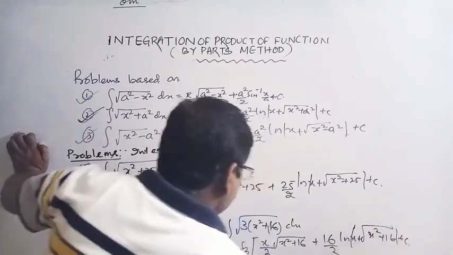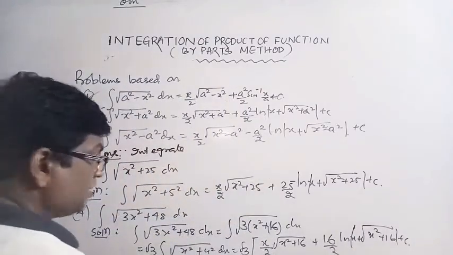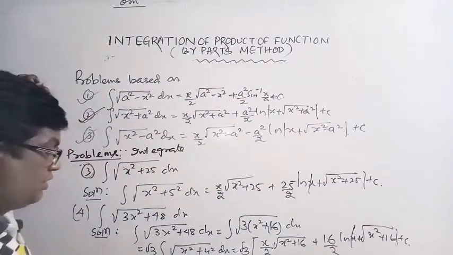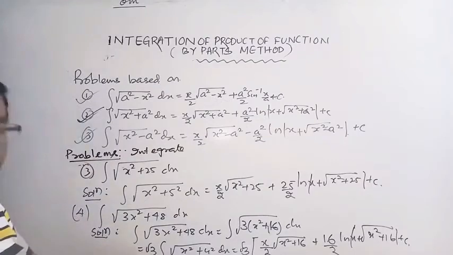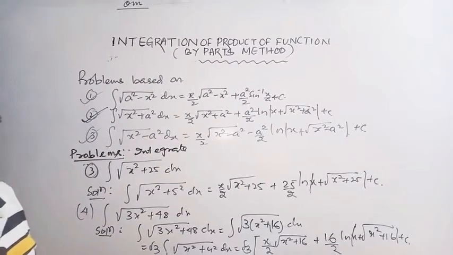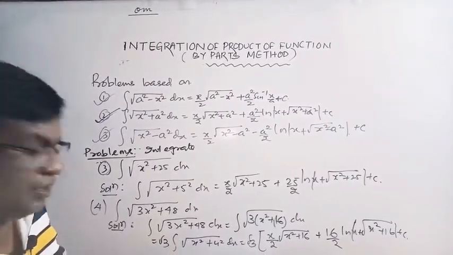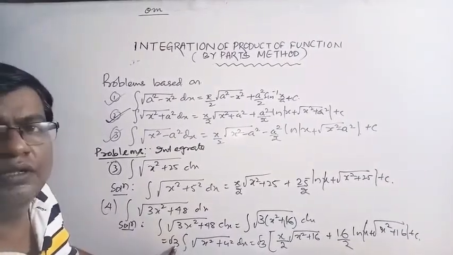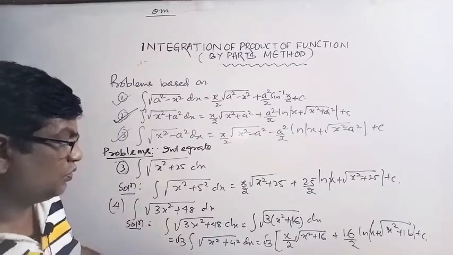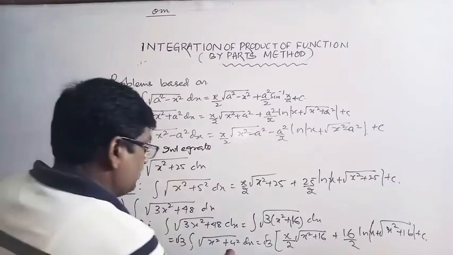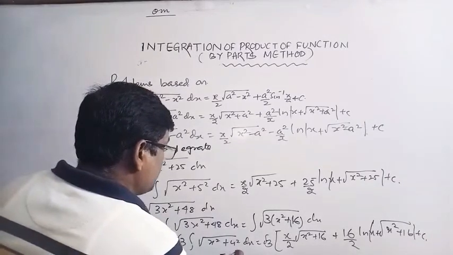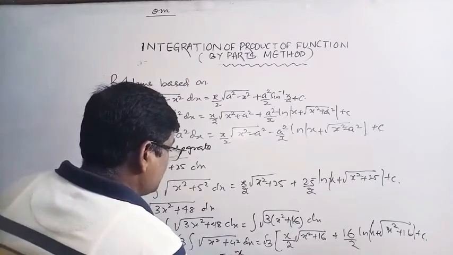So this is equal to x root 3 by 2 into root over x square plus 16 and so on.